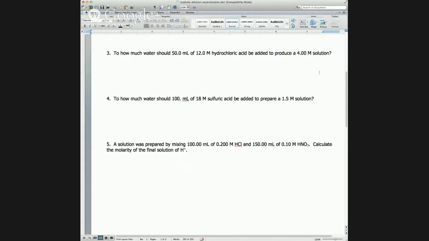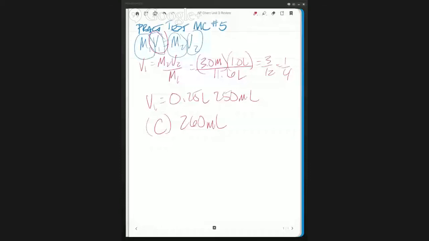So if I do that, I'll share my Bamboo tablet again. From molarity and dilutions, number 5.